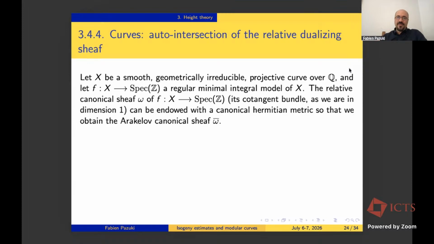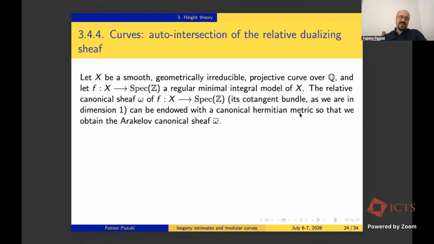Okay, this is a bit vague, but basically you're going to take a look at the cotangent bundle on this. So what does it mean? Essentially, it's very close to the idea that is developed for the Faltings height. It stems from the same intuition. You go to the differentials. So you take a look at what's happening on the cotangent bundle, and then this bundle can be endowed with a canonical Hermitian metric.